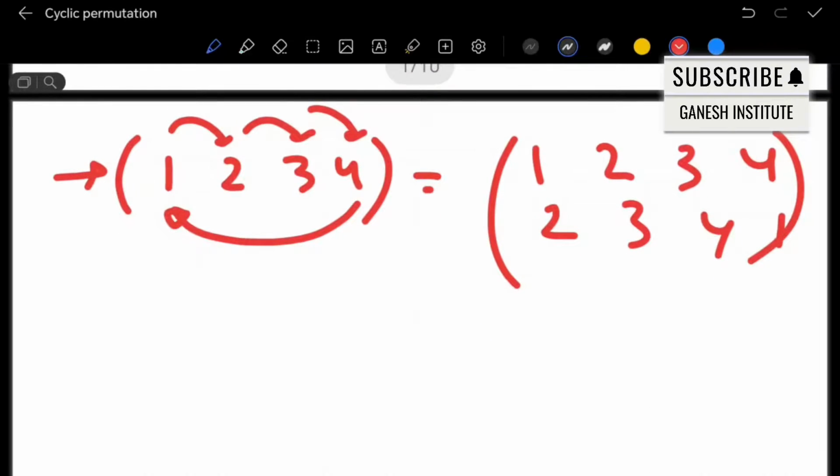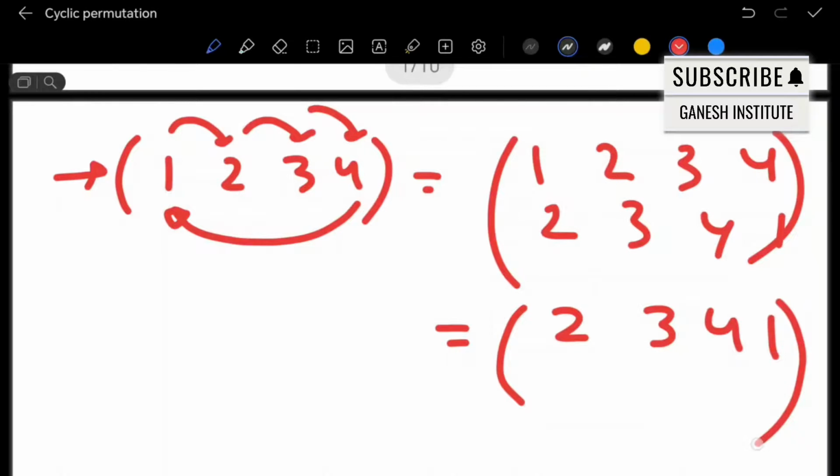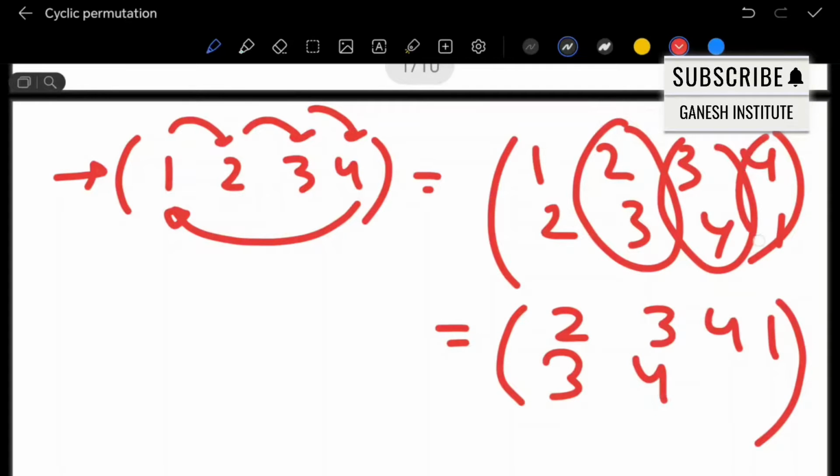But can I change the place and see if the cycle changes or not? If I write (2 3 4 1), then 2 is connected with 3, 3 with 4, 4 with 1, and 1 with 2.